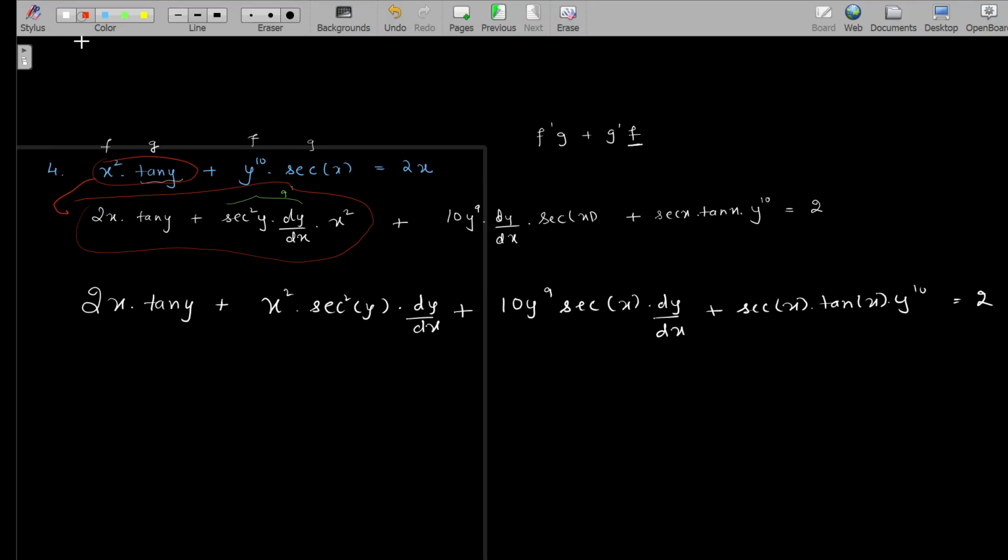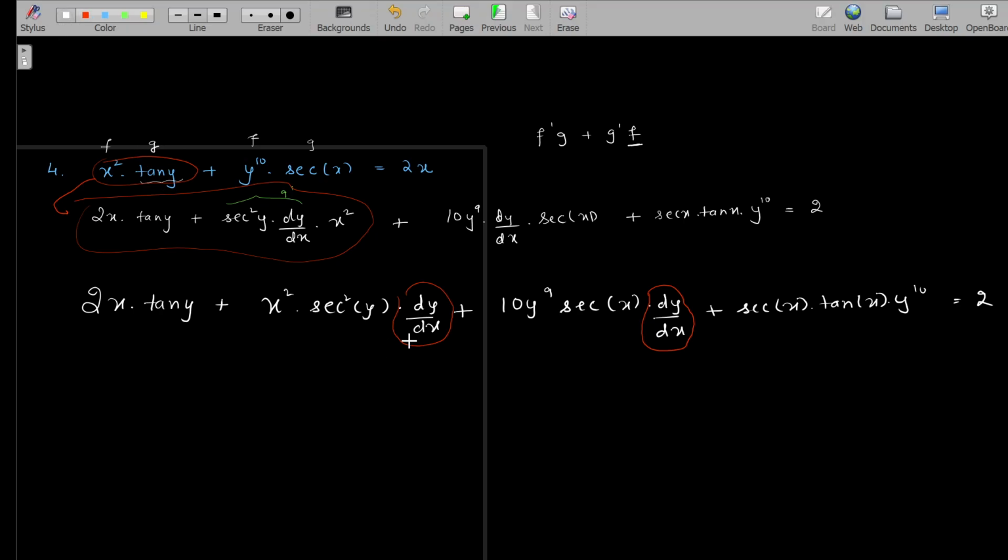Okay, Anika, so you collect all the terms together in which you see dy over dx. You have dy over dx here, and we have dy over dx here. Good that we don't have it on the right hand side. If we had, it would be really long.